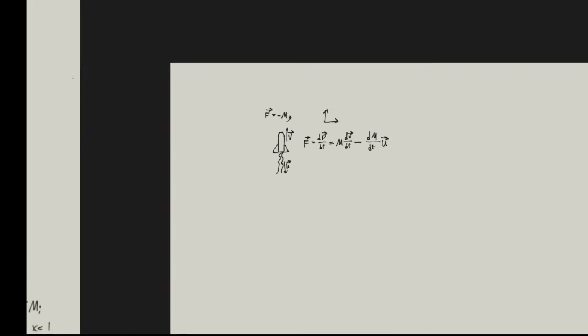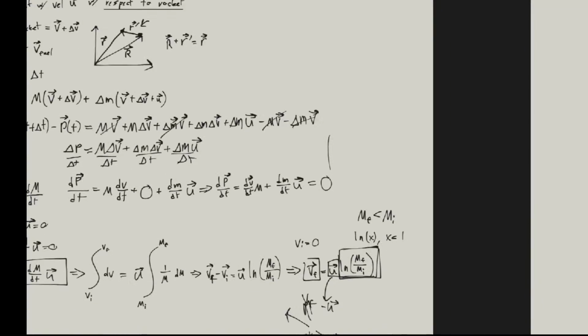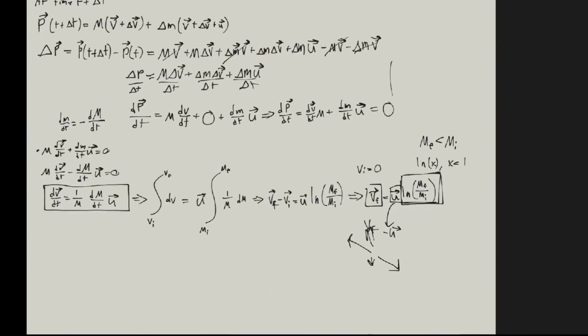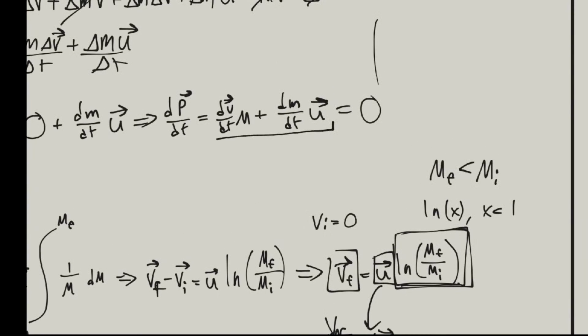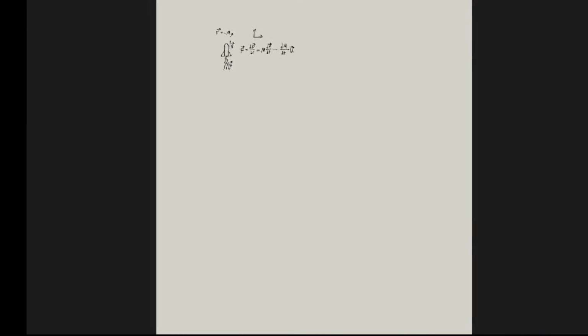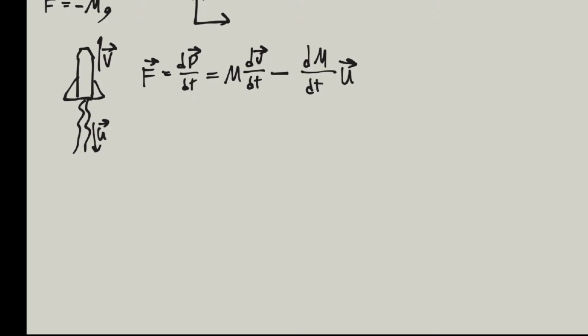Just to reiterate, this follows from what we had shown over here: dv over dt times m, minus dm over dt times u. We just proved that over there, and we're going to use that over here. So it's this quantity.